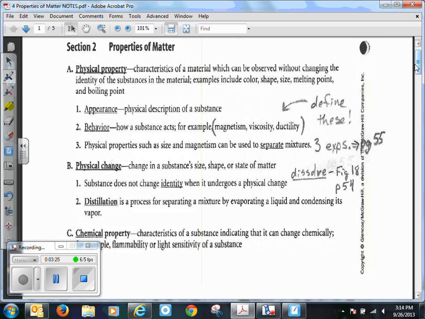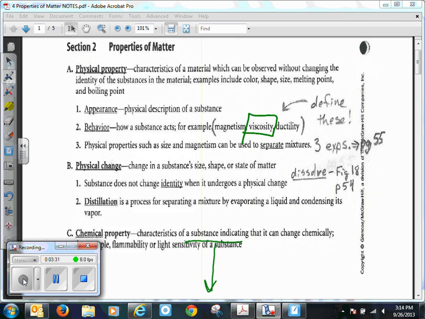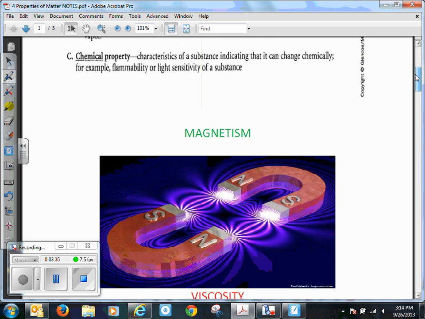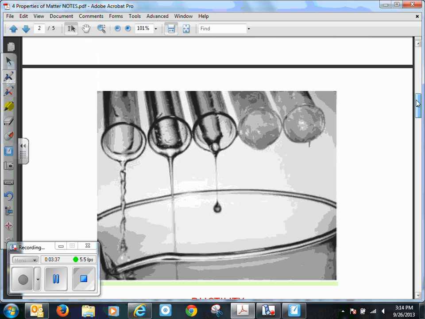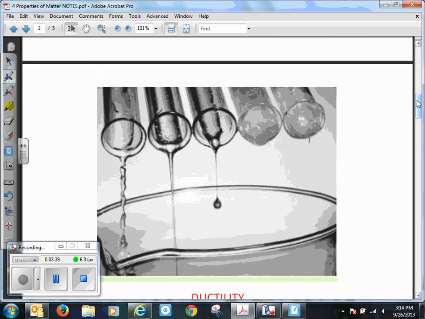Viscosity. Does anybody know what that word viscosity means? Well, it's a little bit easier to look at than it is to just define. So here's a picture of these five different liquids, which all have different viscosities. It's kind of how it sticks to itself.